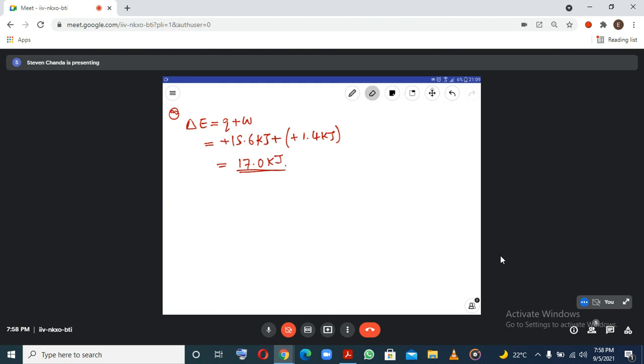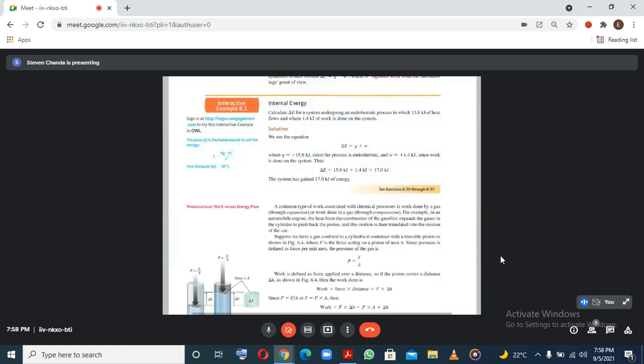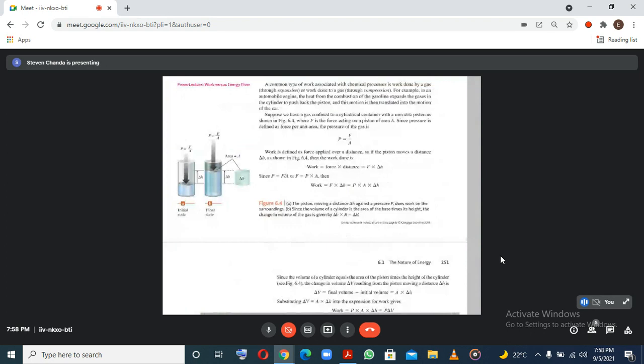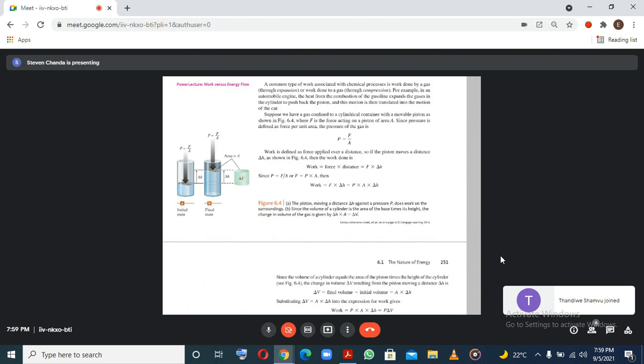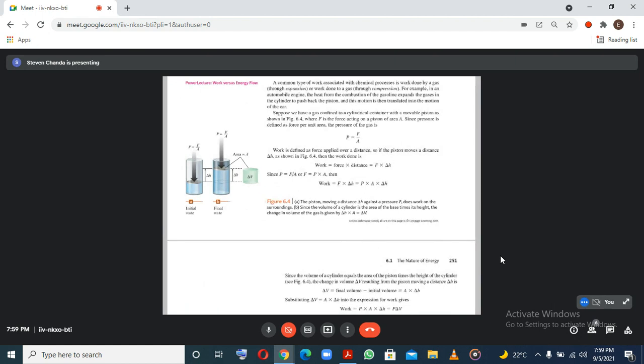Okay. Now we go a step further and talk about how we can relate the work being done to pressure. I love the way we've moved because we are talking about pressure in physics and also in mathematics and also in chemistry, so I think it will be easy for us to appreciate this. A common type of work associated with chemical processes is work done by a gas, through expansion.